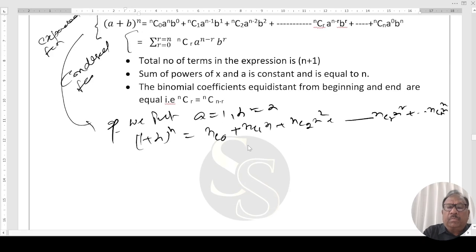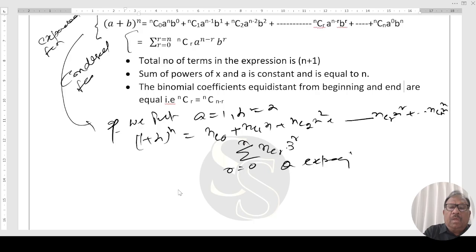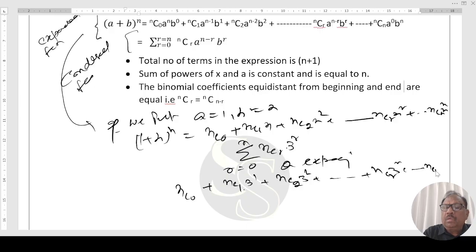Now, picking up the question, summation r equal to 0 to n nCr 3^r, on expansion, means making the series: nC0 3^0 + nC1 3^1 + nC2 3^2 + ... + nCr 3^r + ... + nCn 3^n.